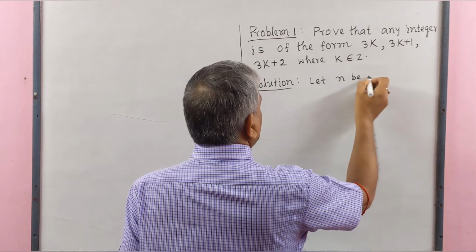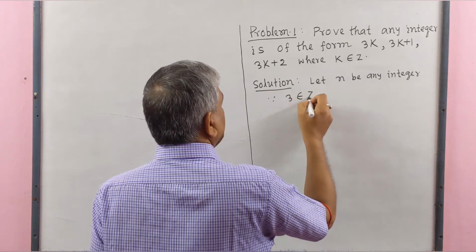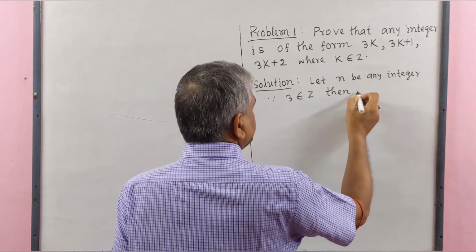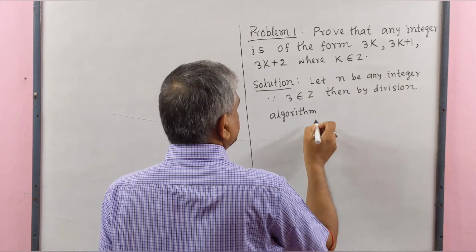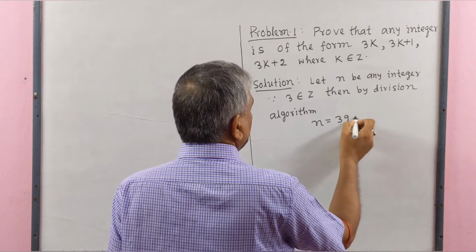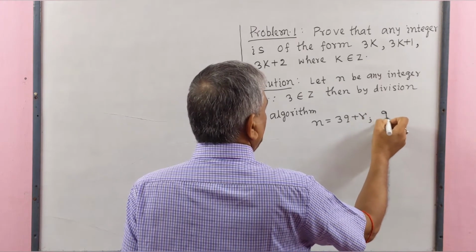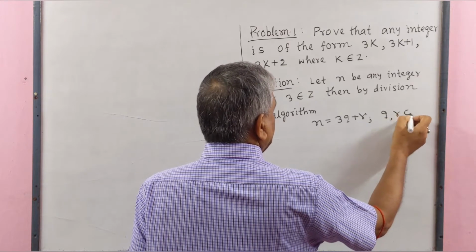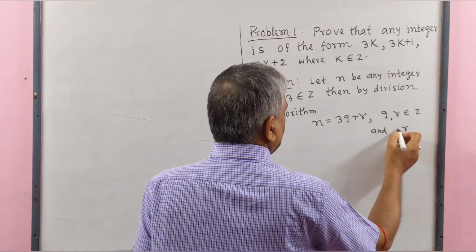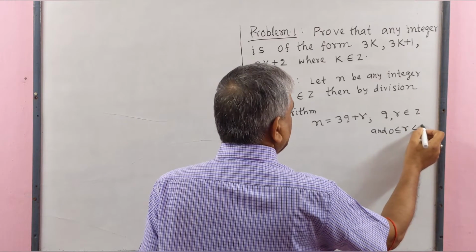Let n be any integer. Since 3 belongs to Z, 3 is an integer, then by division algorithm, n equal to 3q plus r, where q and r are integers and r is greater than or equal to 0, less than 3.